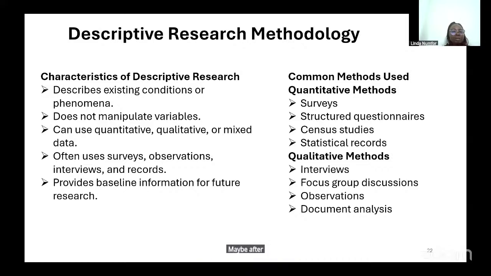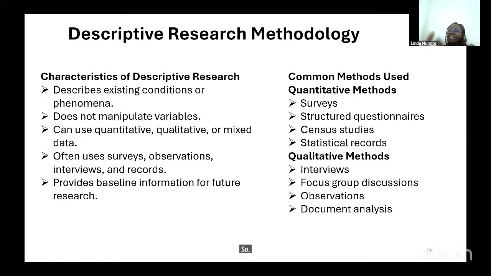Maybe after doing interviews, you see that the females of these animals have red tails, or the tails are longer than the males'. So you have some sort of quantitative data.